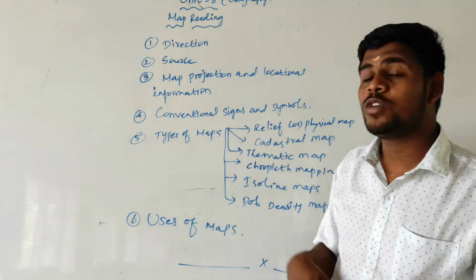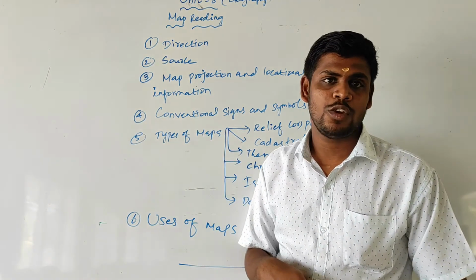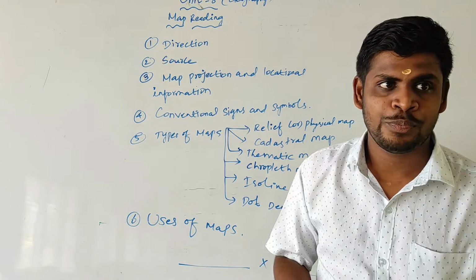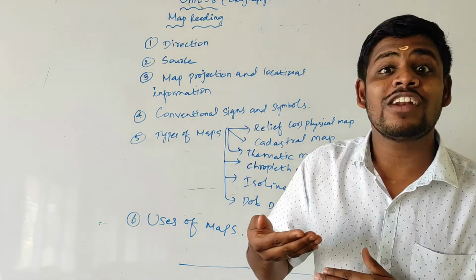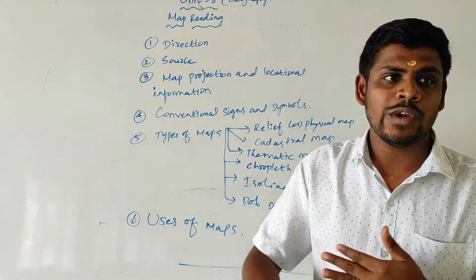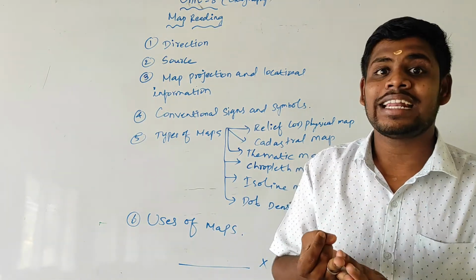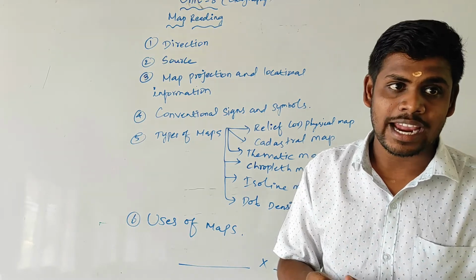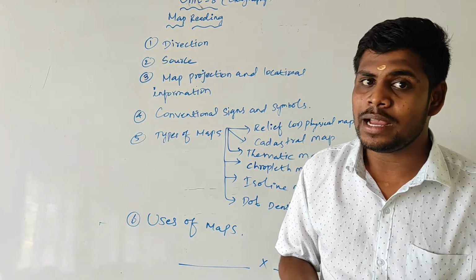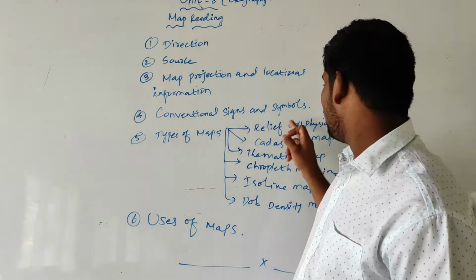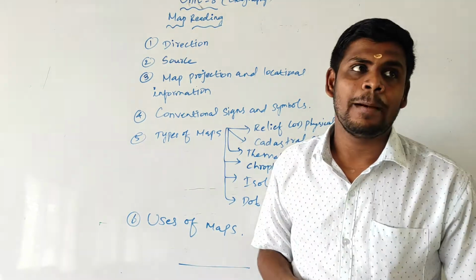Next we will discuss types of maps. You know very well, maps are classified on several bases. Each basis gives different types of maps. So in this lesson, we will learn about the nature and characteristics of relief maps, cadastral maps and thematic maps. First we will discuss the relief or physical map.